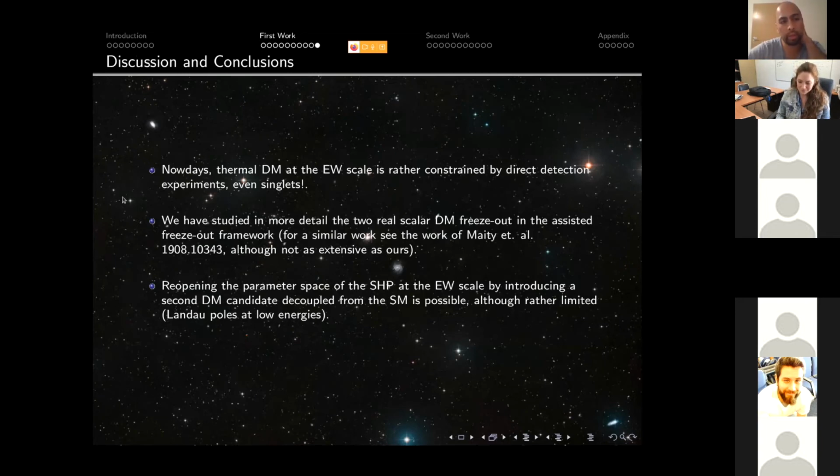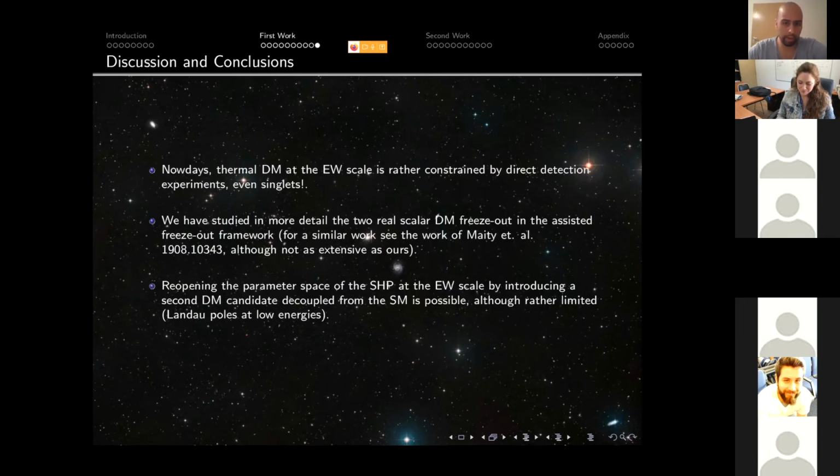So basically, this work was based on the constraint that we have seen not only with the scalar gauge singlet dark matter at the electroweak scale, but you can see that in the literature there are a lot of models which have been very constrained, especially by the Xenon 1T experiment. So there are different options to evade that.